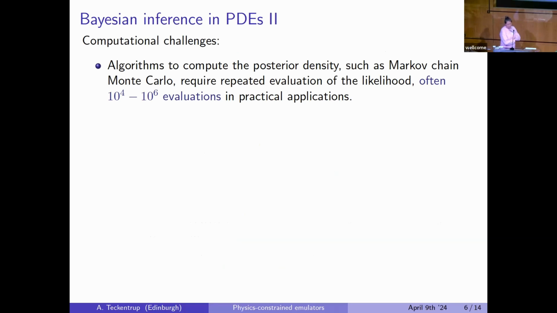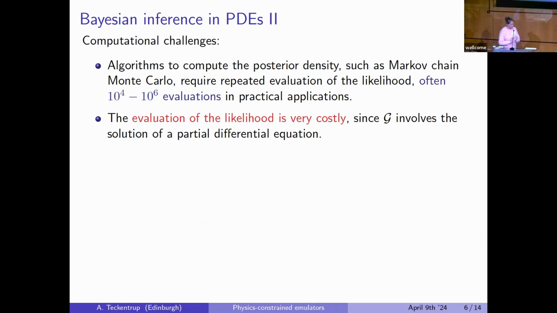Algorithms that you would typically use to explore the posterior, such as MCMC or Markov chain Monte Carlo algorithms, need to repeatedly evaluate the likelihood of the data. In our case, the evaluation of the likelihood is very expensive, because to evaluate it we have to solve a PDE, which becomes very costly very quickly.